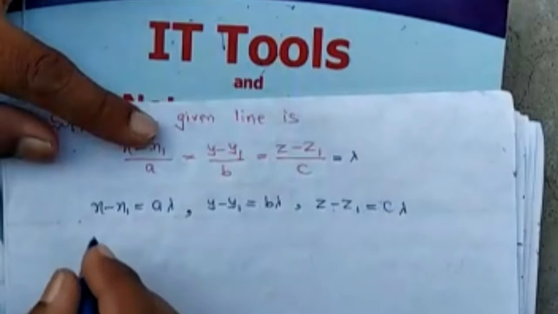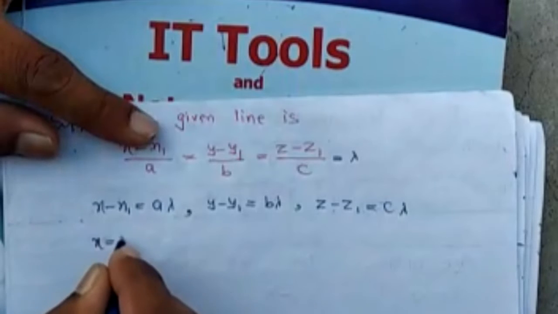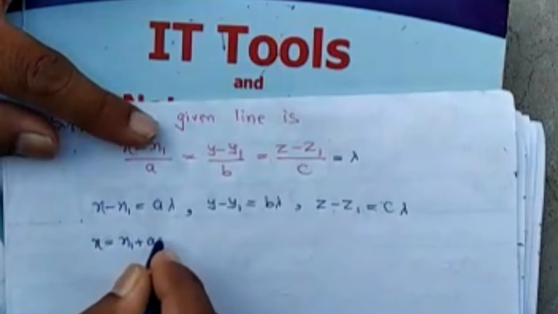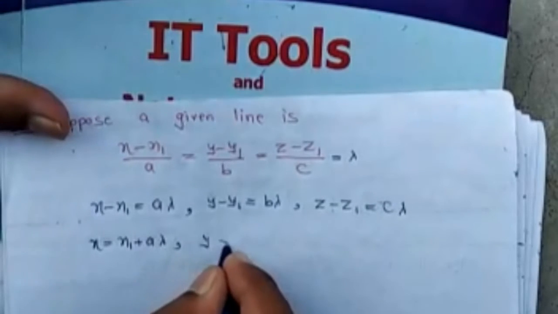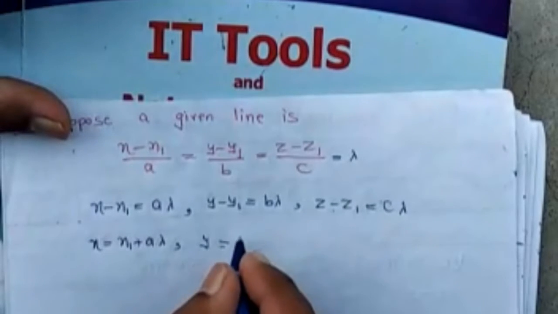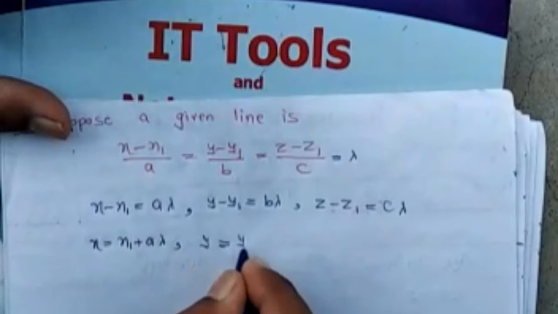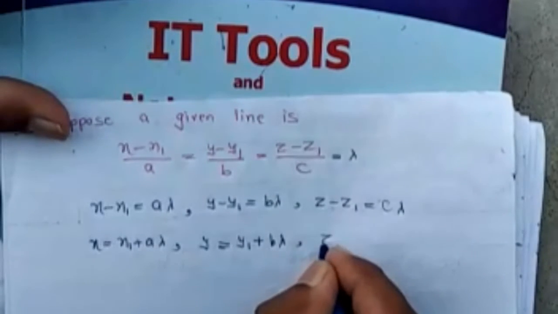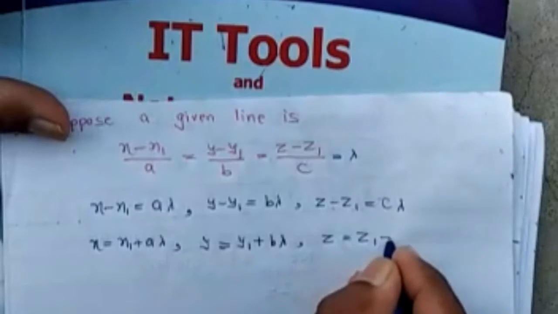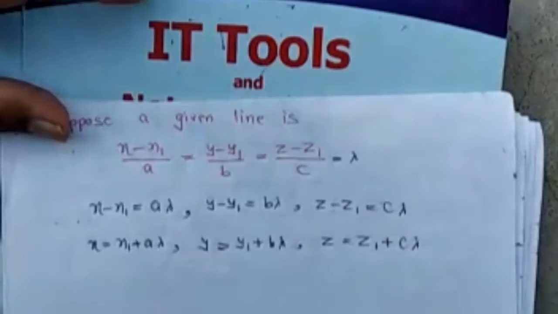Then x equals x1 plus a lambda, y equals y1 plus b lambda, and z equals z1 plus c lambda.